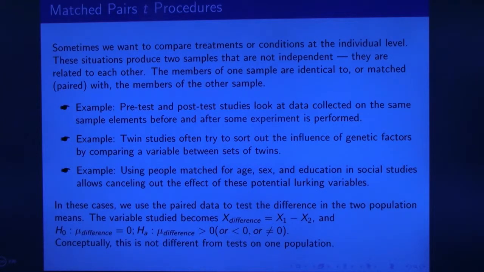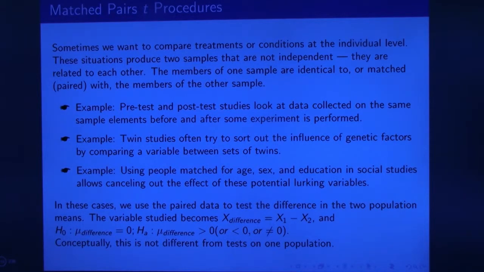The next example is we can use people matched for sex, age, and education in social studies, allowing cancelling out the effect of these potential lurking variables. For example, if we want to find out if using wireless phones will cause cancer, then we can choose two random samples.